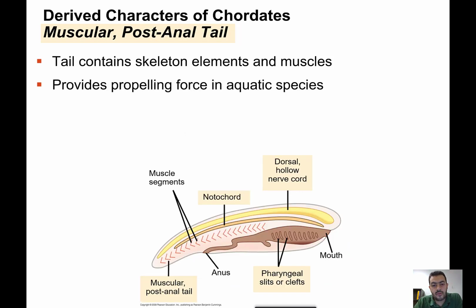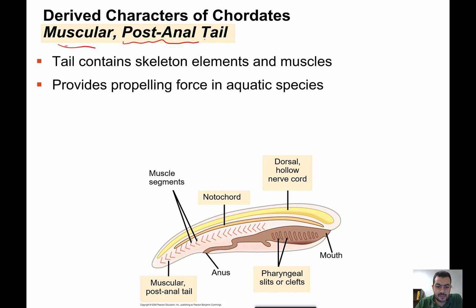Moving on, the fourth characteristic is having a muscular post-anal tail. So this tail contains skeletal elements and muscles. As you can see here, it's muscular in structure, and this provides propelling force in aquatic species. And why it is mentioned here as post-anal, it is because sometimes in other non-chordates we may see a tail, but this tail doesn't extend beyond the anus.